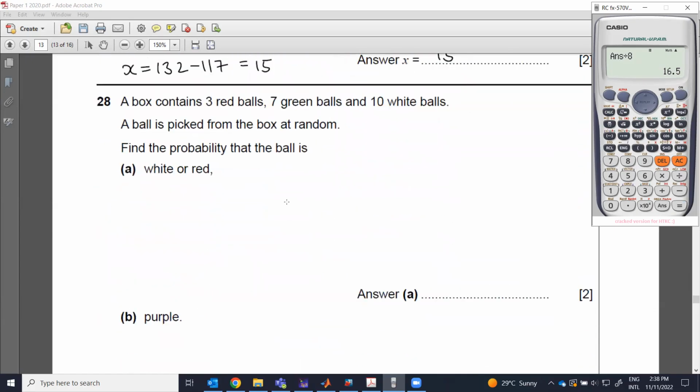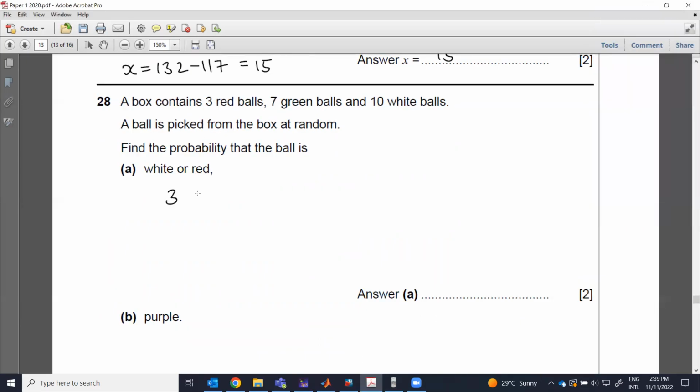Okay, number 28. A box contains 3 red balls, 7 green balls, and 10 white balls. A ball is picked from the box at random. Find the probability that the ball is white or red. So the probability is just the number of whatever you're looking for divided by the total. So how many red and white balls do we have?